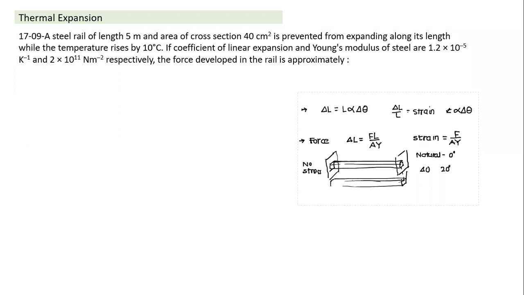Its length is exactly the distance between the walls. I fix it, it has no stress. Now when the temperature rises, it would try to expand, but now it is not free. Why is it not free? The wall does not allow it to expand. How does it prevent its expansion? By applying a compressive force. So two equal and opposite effects are taking place here.